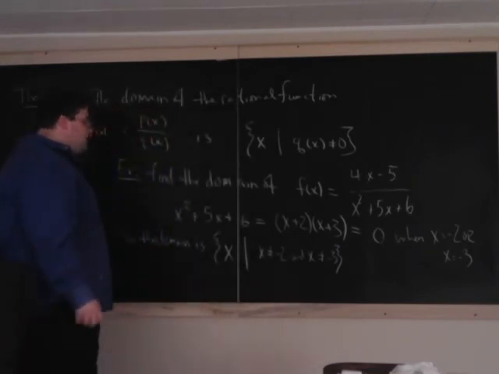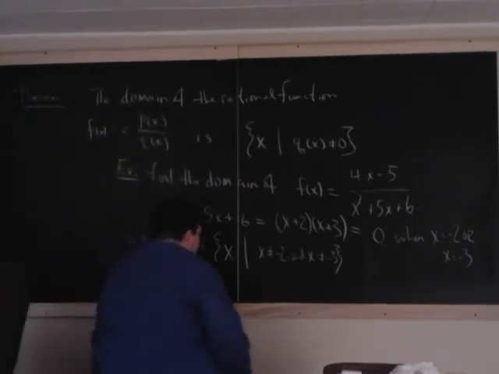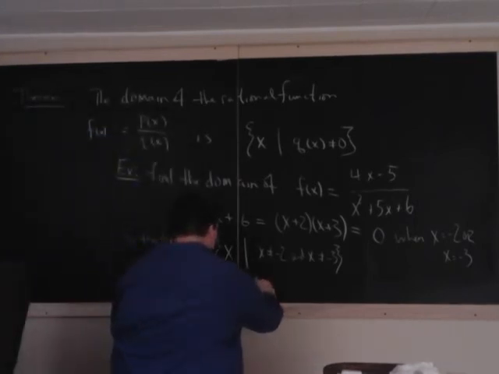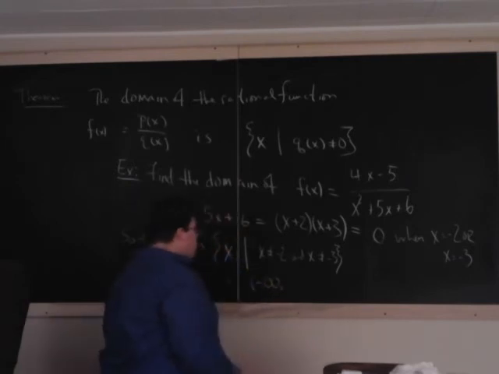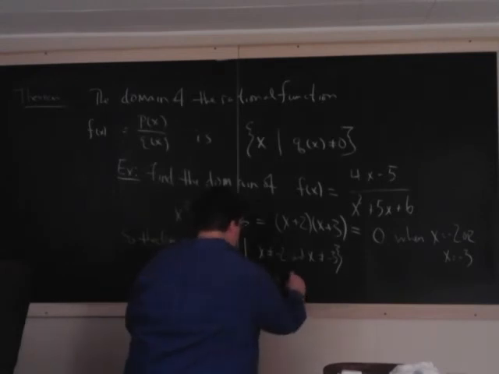This is the set notation. We could write this in interval notation, and I will write this in interval notation. In the interval notation, we want to avoid -3 and -2.